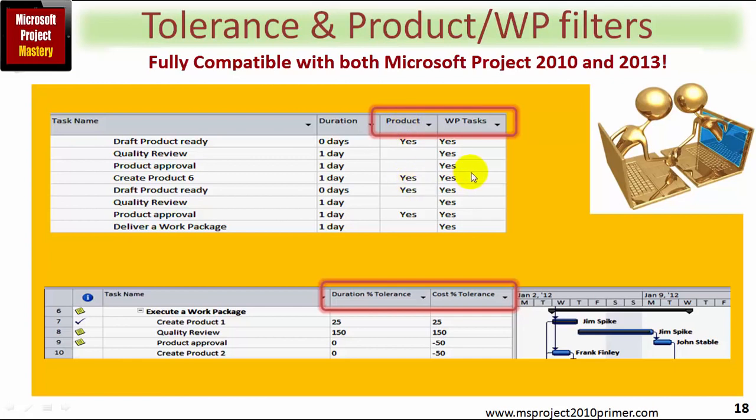I've also got work package fields, very useful for reporting on work package progress within a stage. I've got 2 of the tolerances covered: duration percentage tolerance and cost percentage tolerance. These are automatically created against the baseline sign-off, and these tolerances will be reflected at activity, at product, at work package, at stage and at product levels.